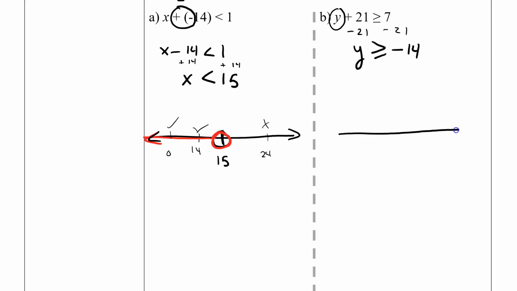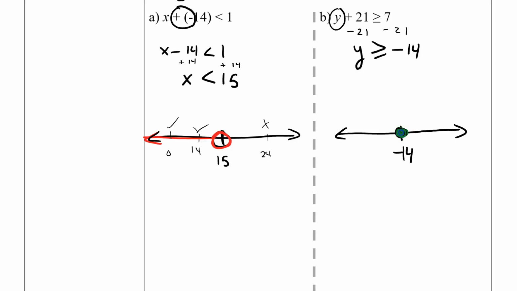So I draw my number line extending in infinity in both directions. My important number here is negative 14. I'm going to have a solid dot this time because it's greater than or equal to negative 14. And y is greater than or equal to negative 14.